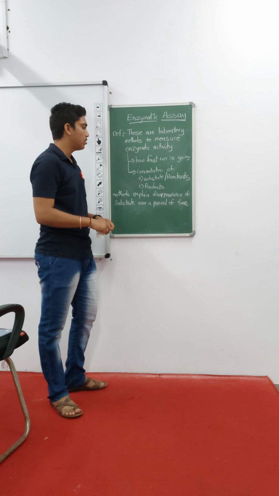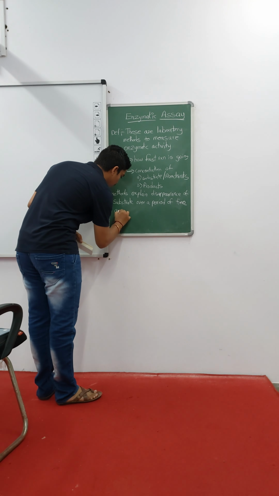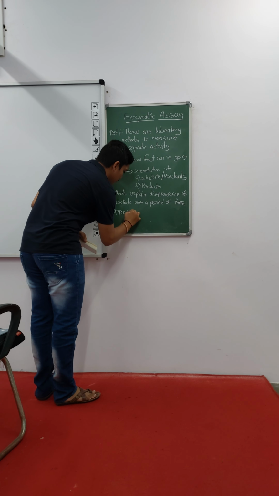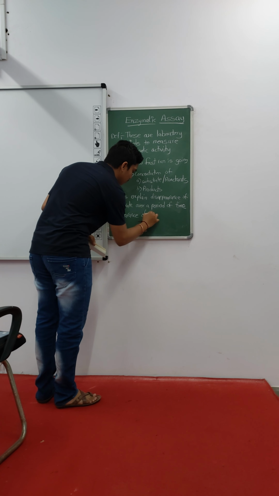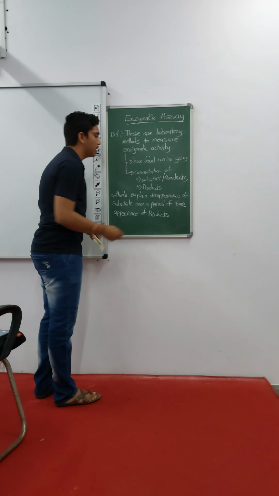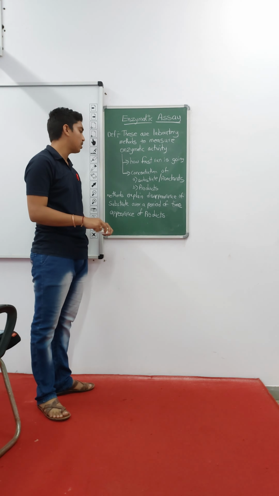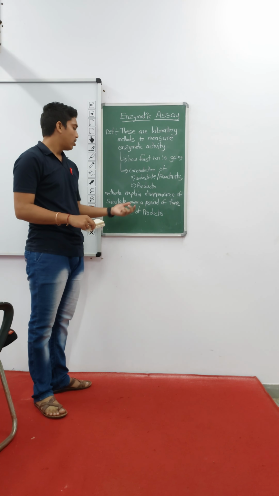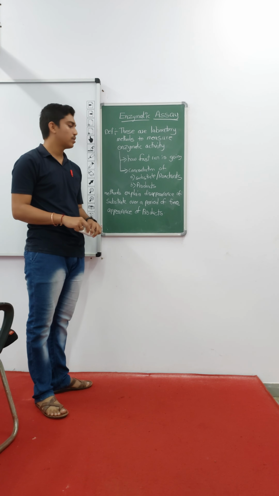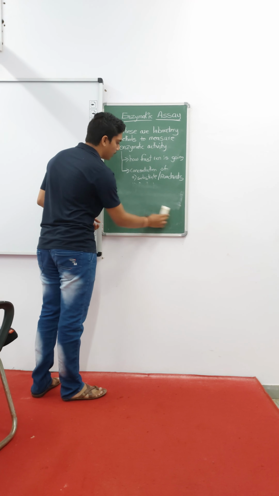So whether it is the disappearance of substrate or the appearance of products, these enzymatic assays are used to say about the disappearance of the substrate over a period of time or the appearance of products over a period of time. So next we will see the classification of assays.